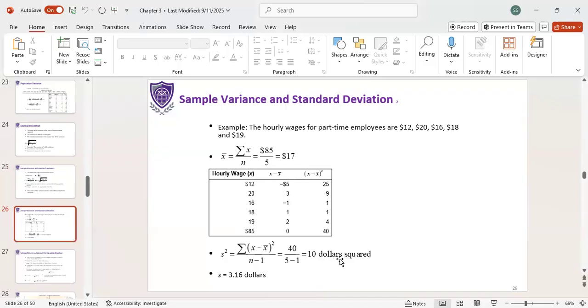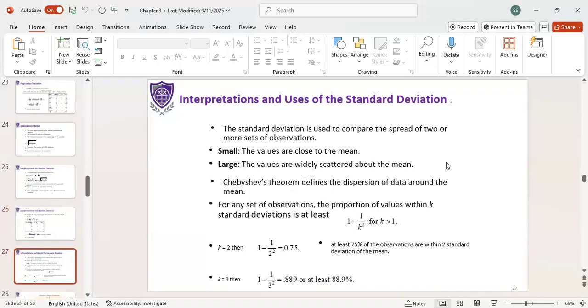So it's $10 squared, the variance of the sample, and if you calculate the square root, it will be $3.16. As you can see, the unit of the standard deviation is the same as each of your observations, which is dollars in this case.